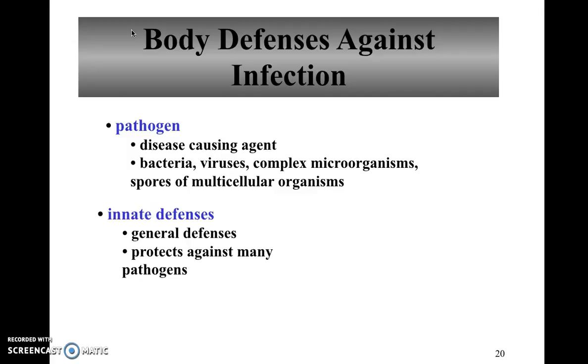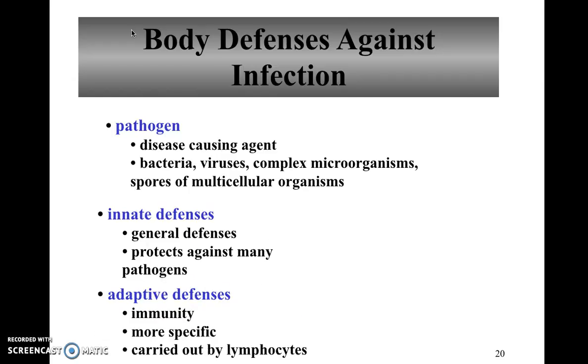We also want to define and differentiate between innate defenses and adaptive defenses. Innate defenses are general defenses, non-specific defenses, things that protect us against many pathogens, but basically treat all pathogens the same. And then there are the adaptive defenses. These are things that are much more specific.